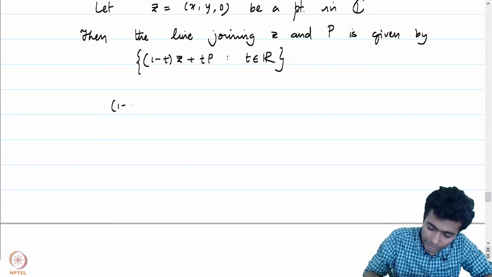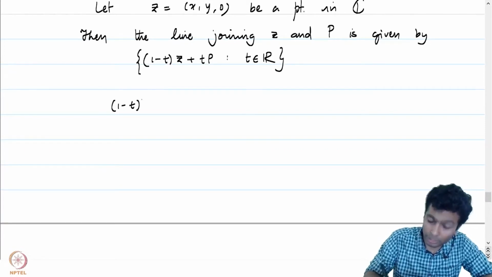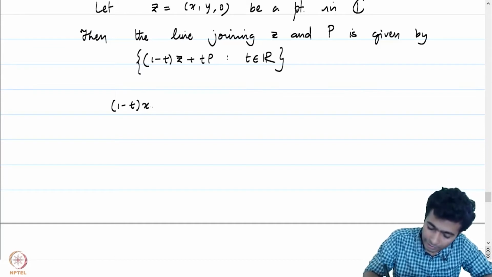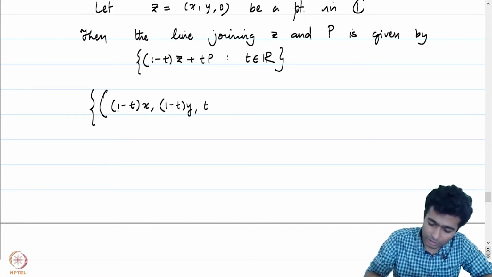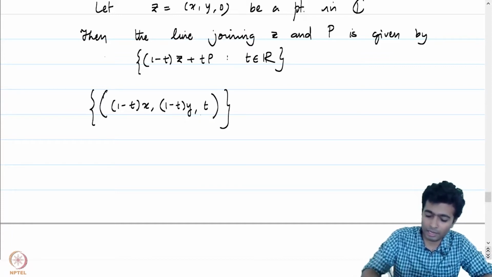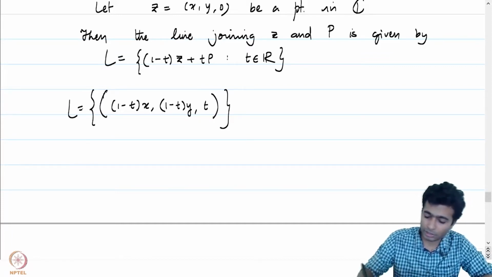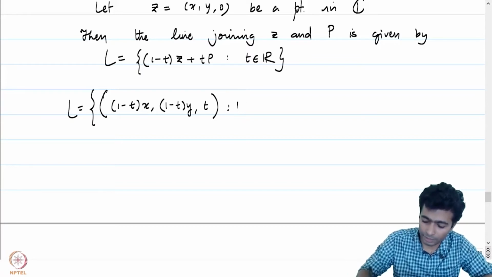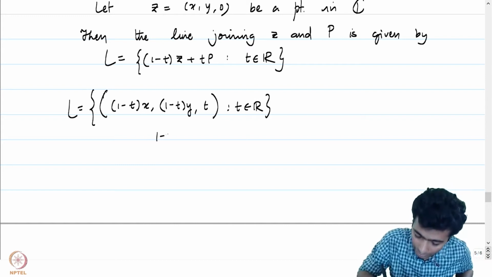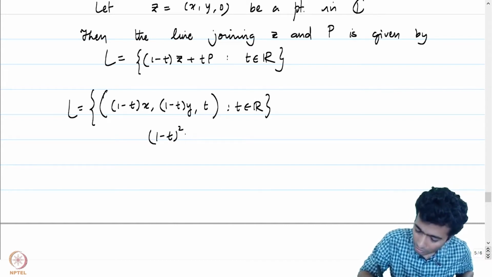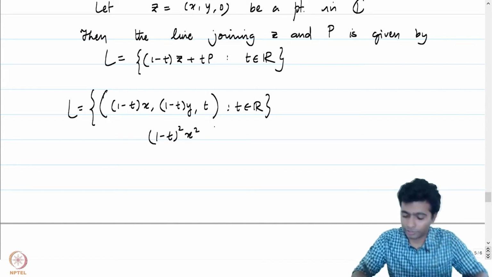In coordinates, this is going to be (1 minus t) times x, (1 minus t) times y, and t times 1. This line L is the set of all such points where t is in R. We are interested in the point where it touches our unit sphere.